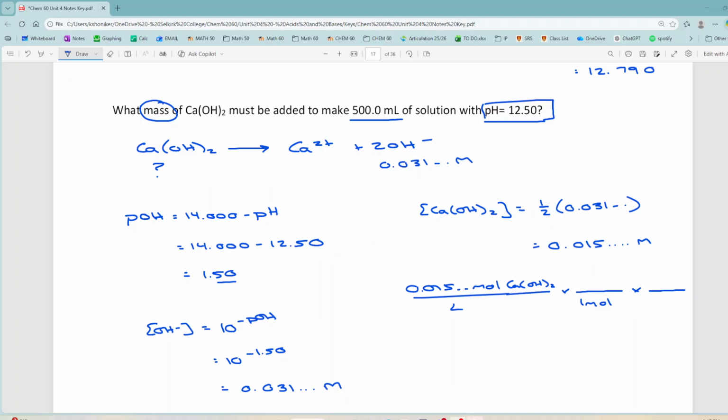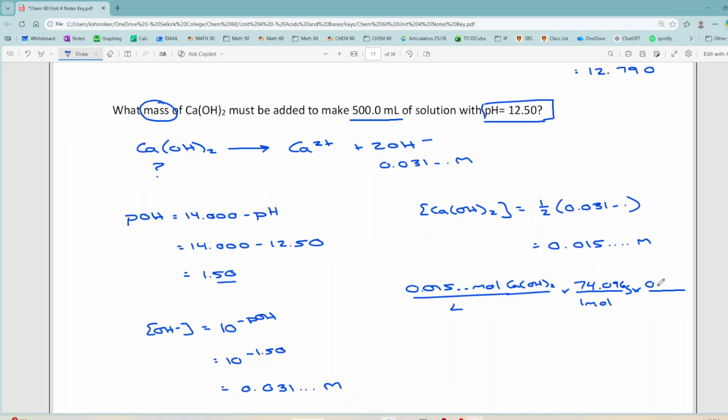And then we have 2 oxygens at 16 grams per mole each, and then 2 hydrogens at 1.008 each. So then the molar mass of calcium hydroxide is 74.096 grams per mole. So now I've converted from moles per liter to grams per liter, and then lastly I want just grams. So then I'm just going to multiply by the volume.